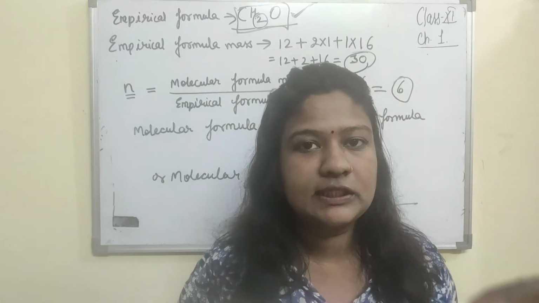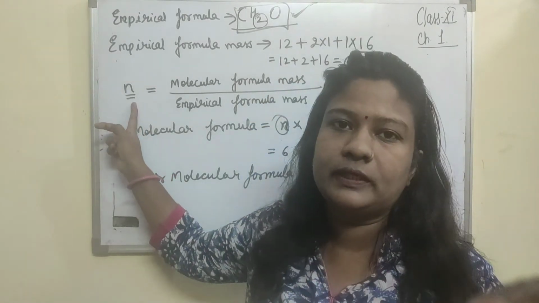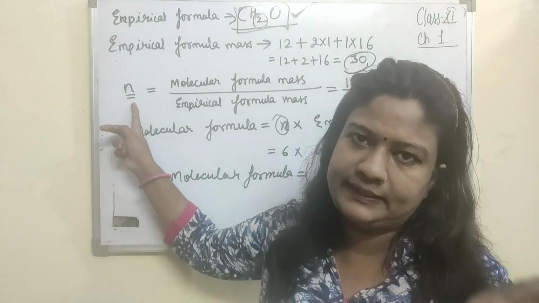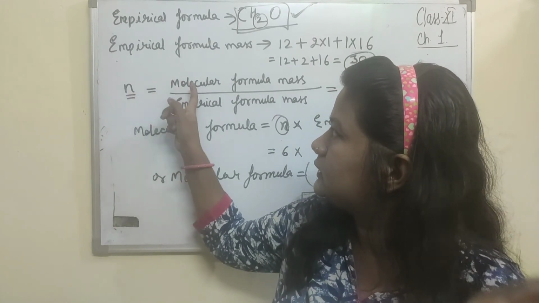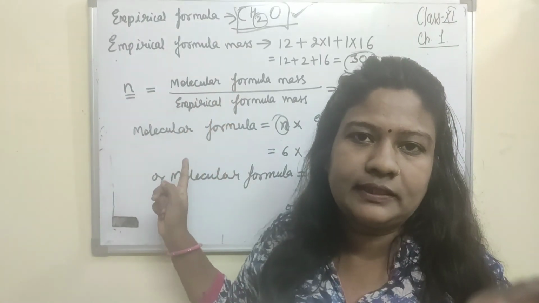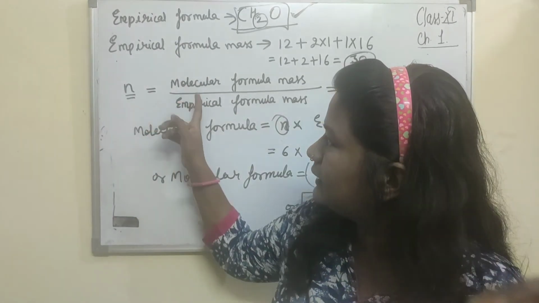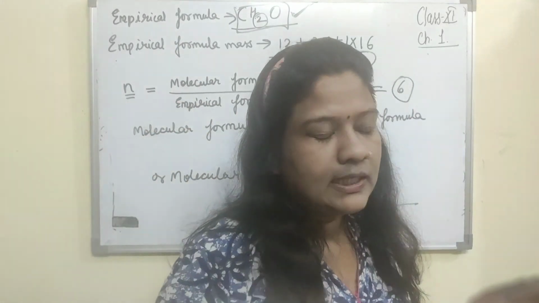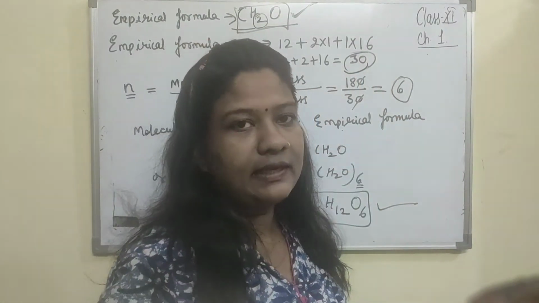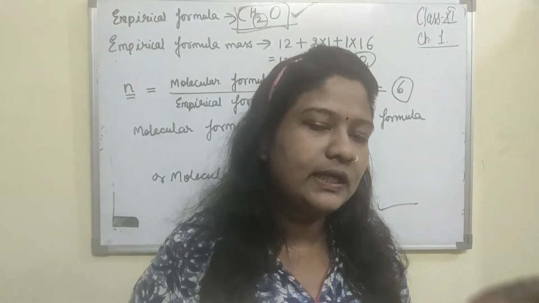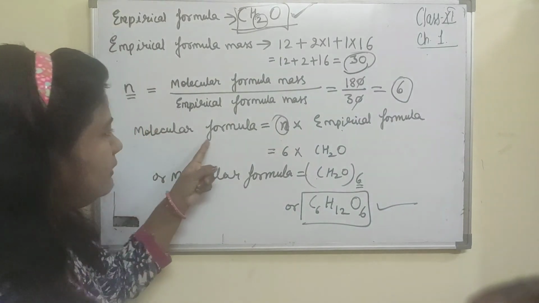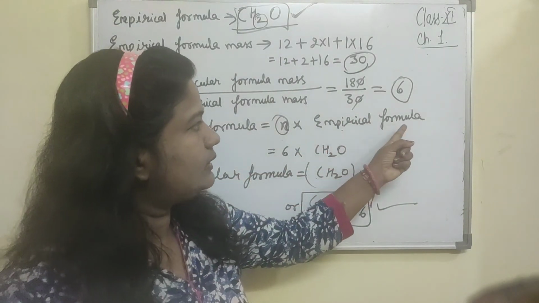And the fourth step was to calculate the integer value of N, and the formula is written below: N is equal to molecular formula mass divided by the empirical formula mass, and you will get the value of N, that is 6. And last step, fifth, write the formula: molecular formula is equal to N into empirical formula.